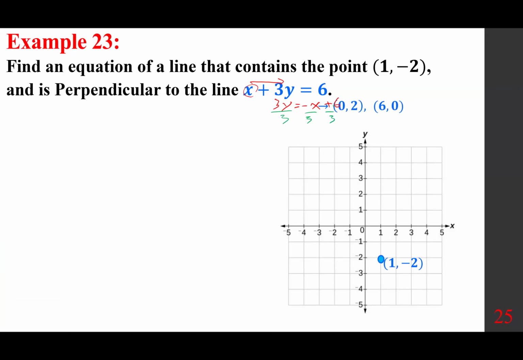Let's go back from the get-go. First, let's graph this point, 1 comma -2. I hope you realize if I choose x to be 0, y becomes 2. If I choose y to be 0, x becomes 6.